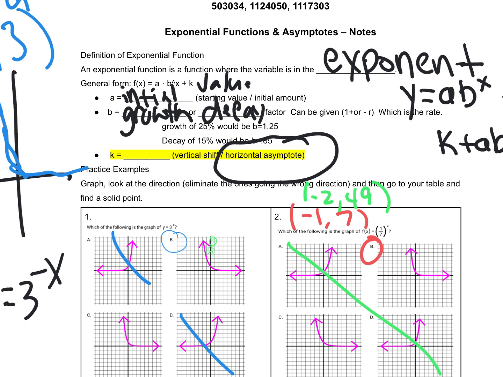So plus K. It's A times B raised to the X plus K. So whatever you're adding to it or subtracting is your K, which happens to be your horizontal asymptote. So go ahead and put that equation in y equals. And go to your table, because you're not going to be able to see it.